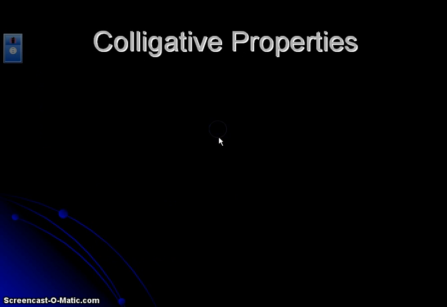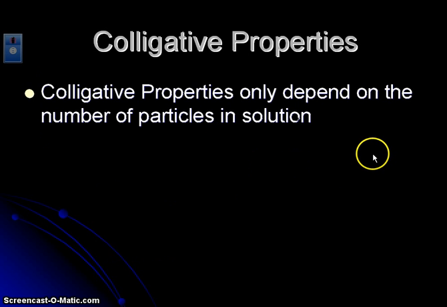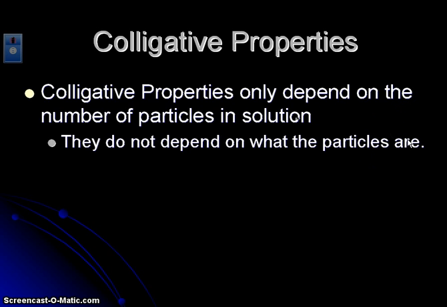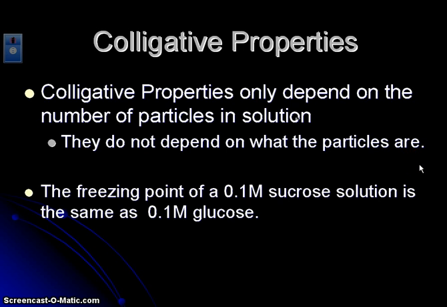One other thing we need to consider, remember that we said that colligative properties only depend on the number of particles in the solution. They don't depend on what the particles are. We need to think about the effect of the number of particles, the concentration. So if you have a 0.1 molar sucrose solution, the freezing point of that solution is the same as a 0.1 molar glucose solution.